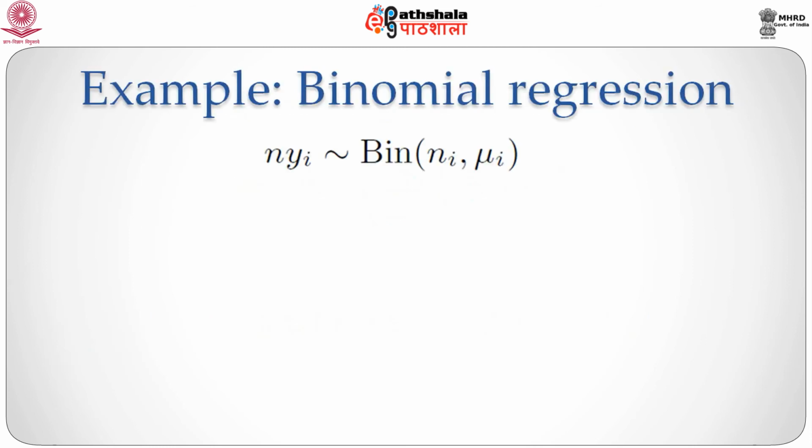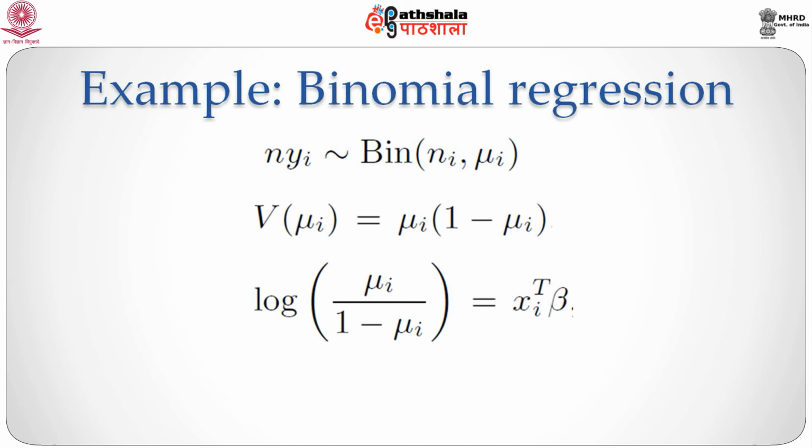This could perhaps be made a little simpler if we consider a concrete example. So let us assume again that we are looking at a proportion, so that n_i y_i follows binomial n_i, mu_i. V(mu_i) is then given by mu_i into 1 minus mu_i, and we shall assume the logistic model log of mu_i over 1 minus mu_i is equal to x_i' beta.